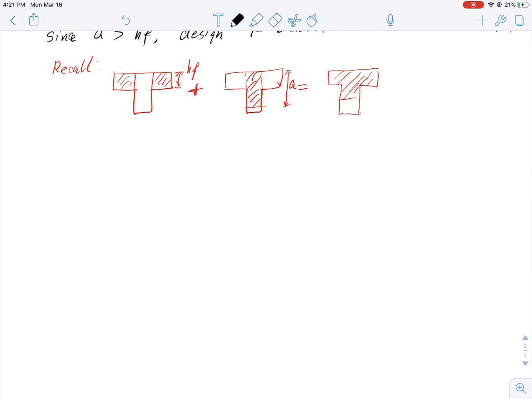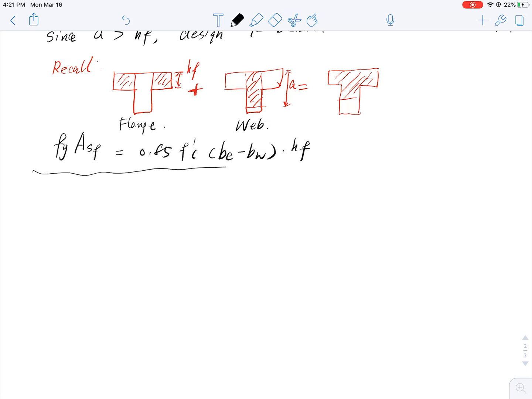Right? So now what we have to do is let's set Asf, this is for the flange, and this is for the web. Okay, so Asf multiplied by Fy, for the T-beam, equal to 0.85 f'c (be minus bw) multiplied by hf.